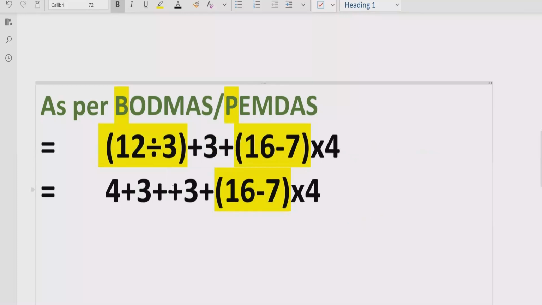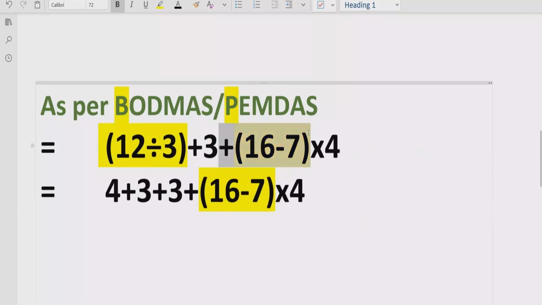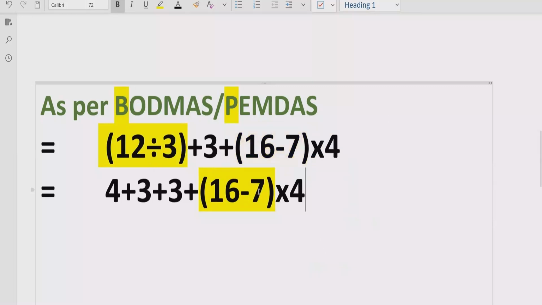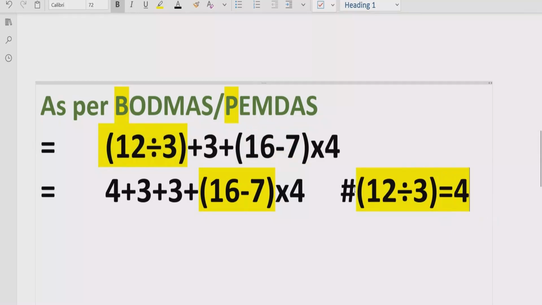We will solve one by one. Here we will solve this bracket first: 12 divided by 3 equals 4.